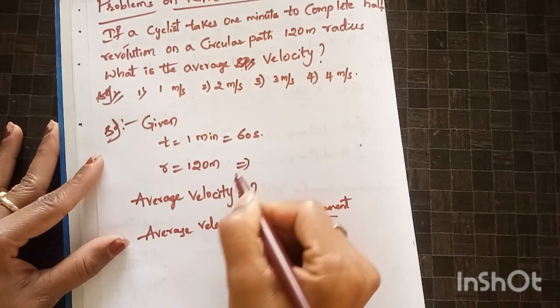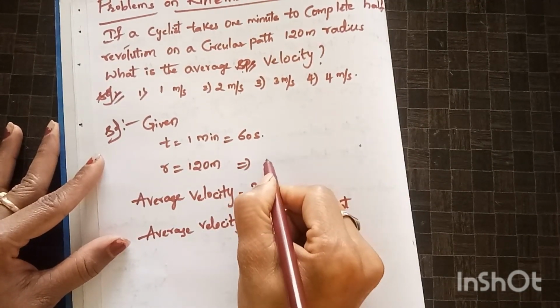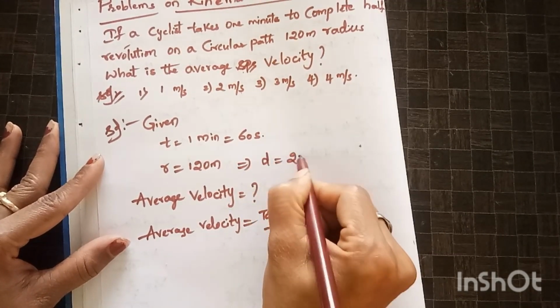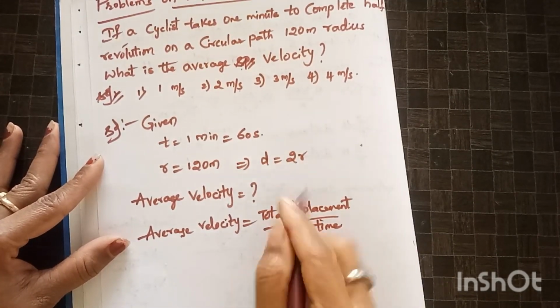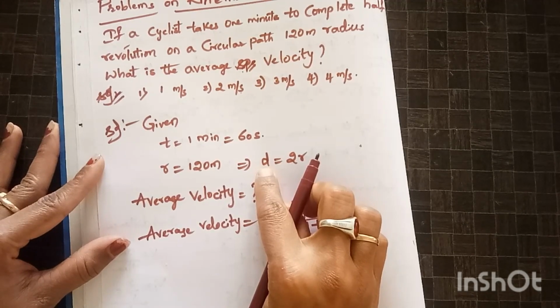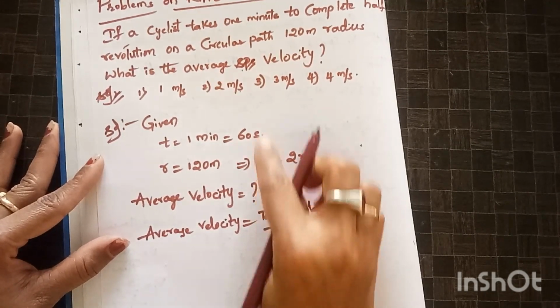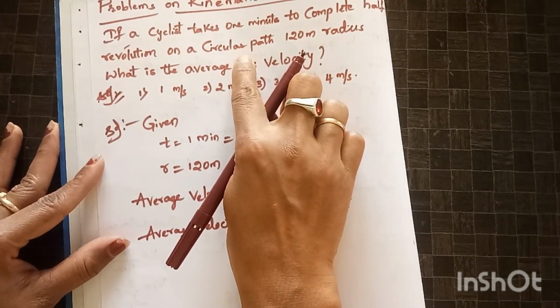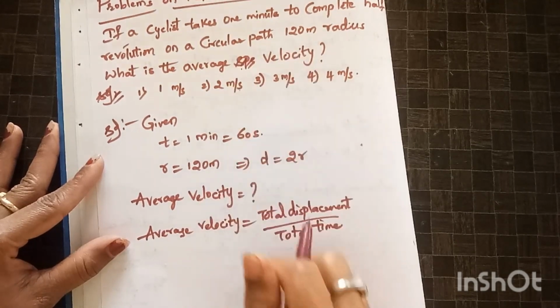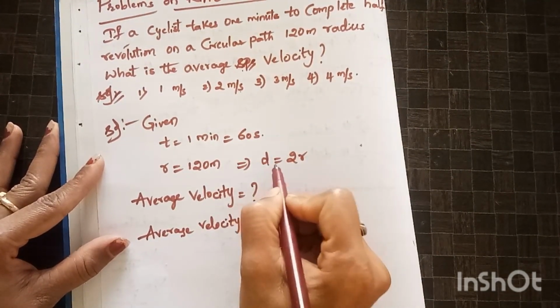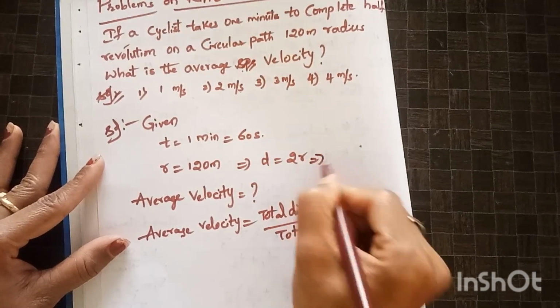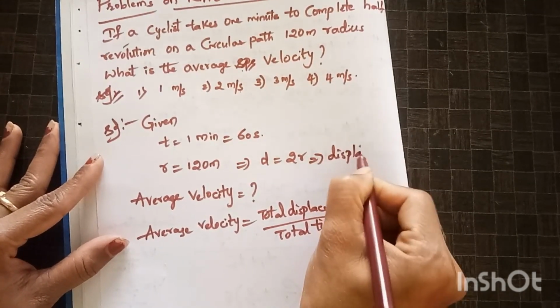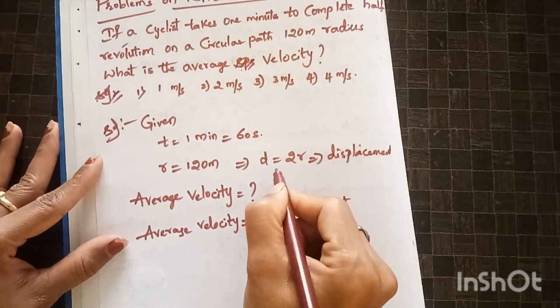You know that the relation between distance and radius is distance equals 2 times the radius. But we are considering this distance as displacement here because it is traveling in a circular path. A circular path represents direction here. So here d equals 2r becomes the displacement.